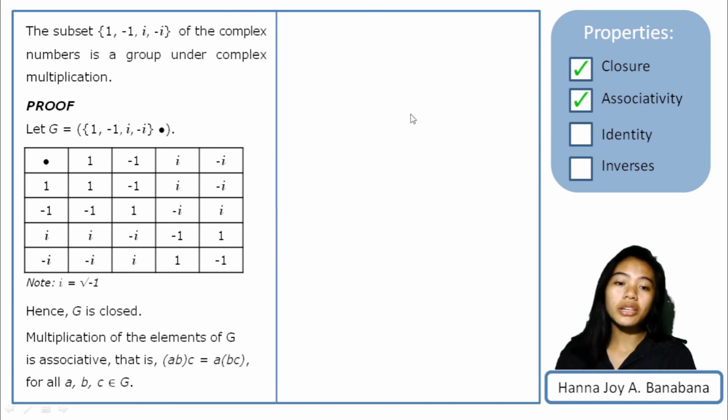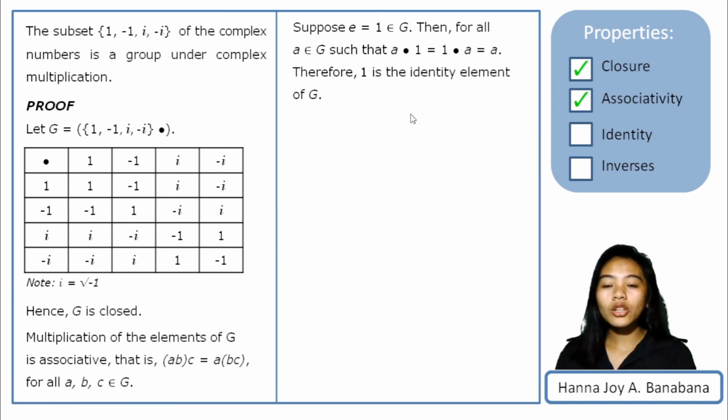Now, let us proceed. Suppose e is equal to 1 and 1 is an element of G. e here stands for the identity element. Then for all a element of G, a times 1 is equal to 1 times a is equal to a. Therefore, 1 is the identity element of G. When we multiply any of these elements by 1, the answer is still the element.